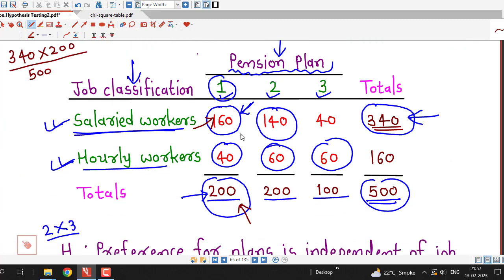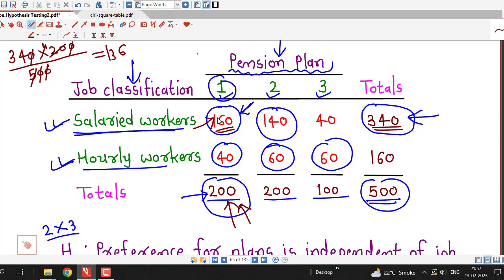So here the expected frequency corresponding to 160 will be equal to the row total corresponding to 160, which is 340, into the column total corresponding to 160, which is 200, divided by 500. So let me cancel this and this also, and I have 5 into 4, 20, and this is going to be 136.